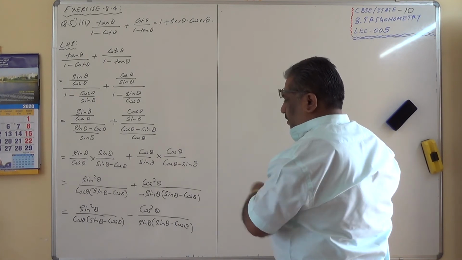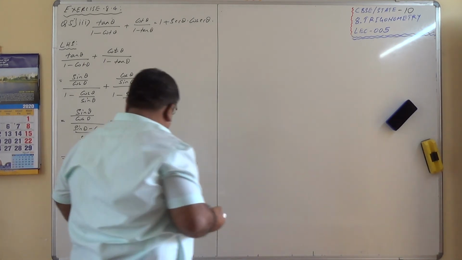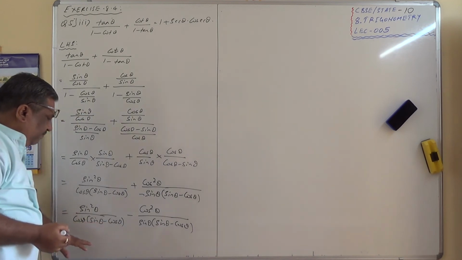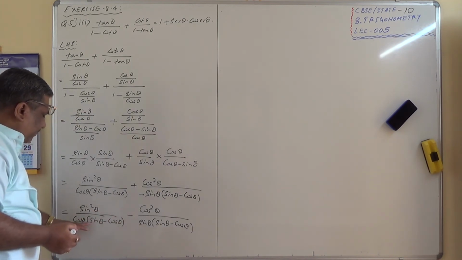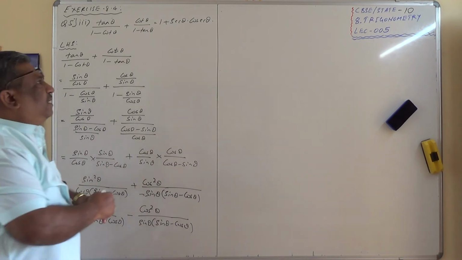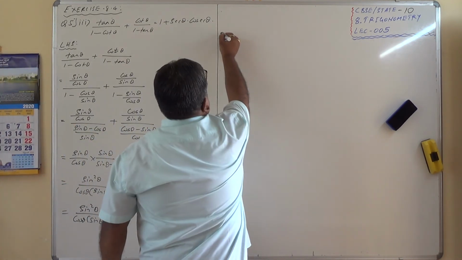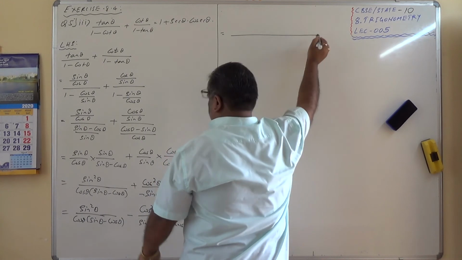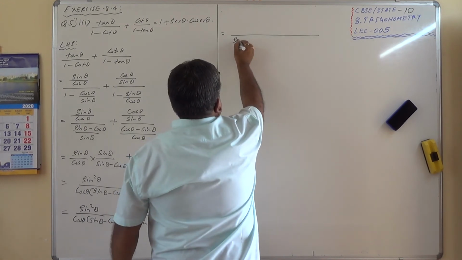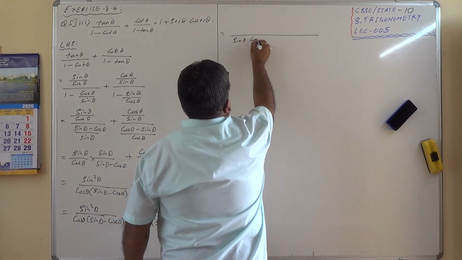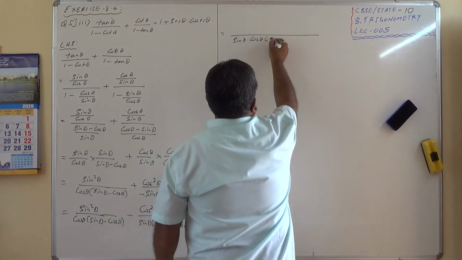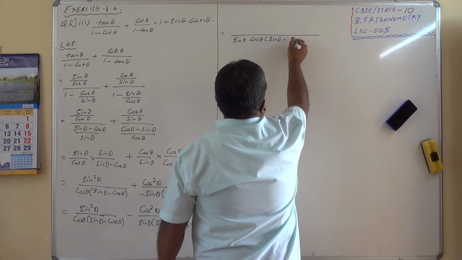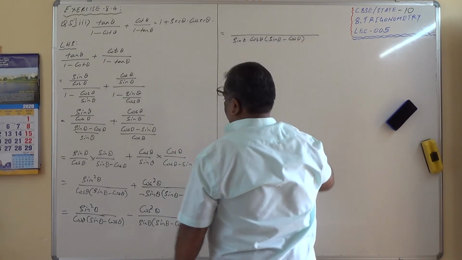Here, what we will do is, the LCM is sin theta into cos theta into sin theta minus cos theta, that is the LCM.